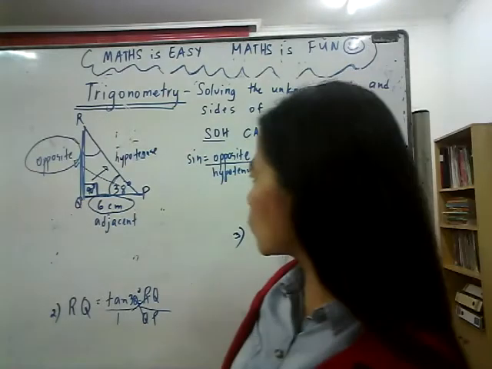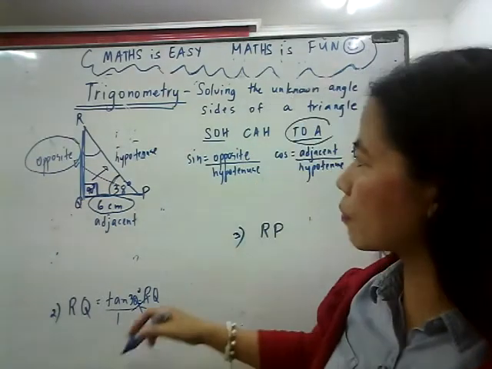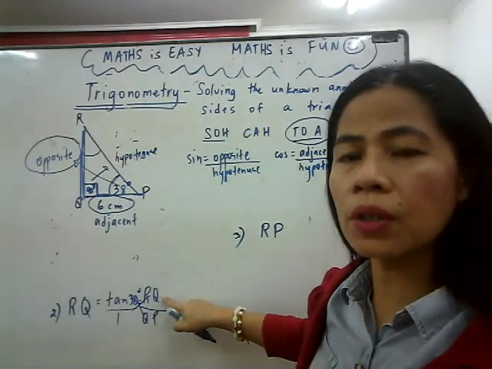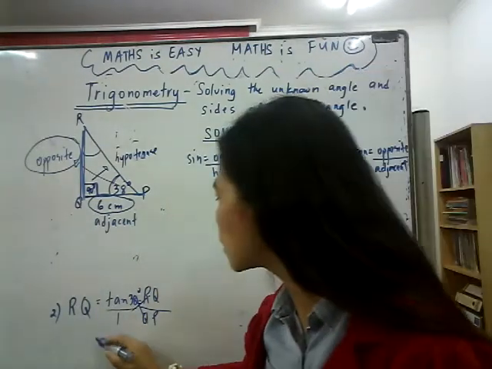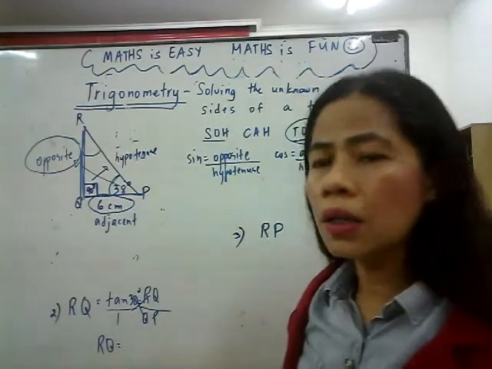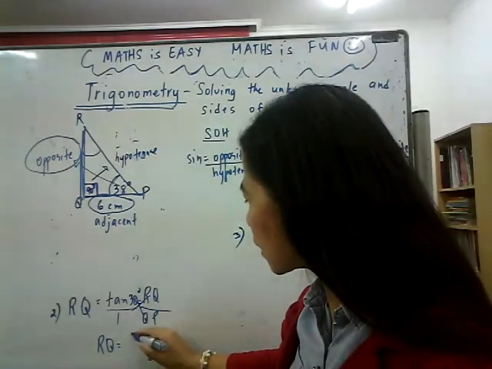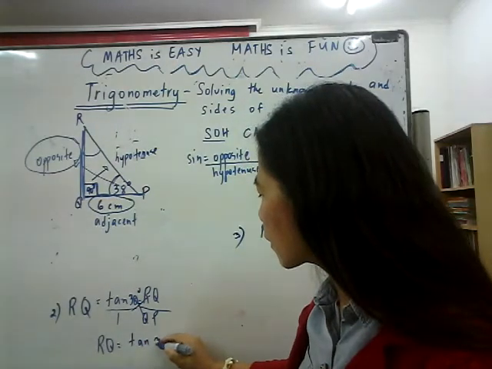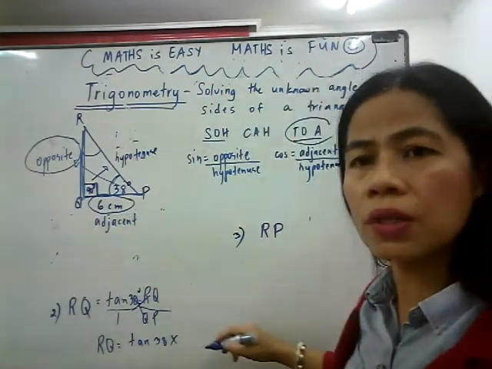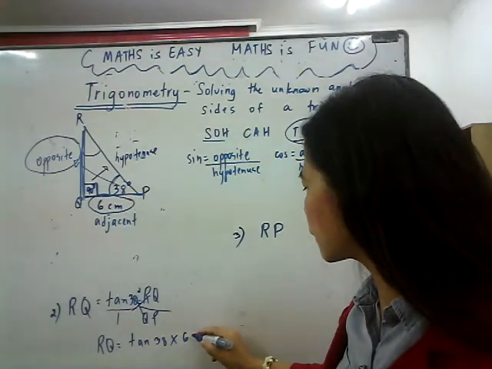Okay, now since RQ over QP is a fraction, we make tan 38 become a fraction, tan 38 over 1. And we cross multiply. We are going to write on the left the one with the unknown, which is RQ. So we put 1 times RQ on the left side first, which is equal to RQ. Then you multiply tan 38 times QP, which is 6 centimeters.